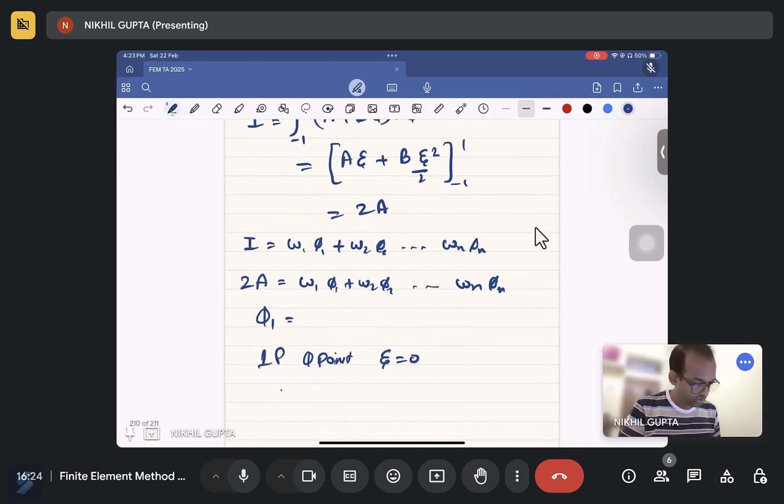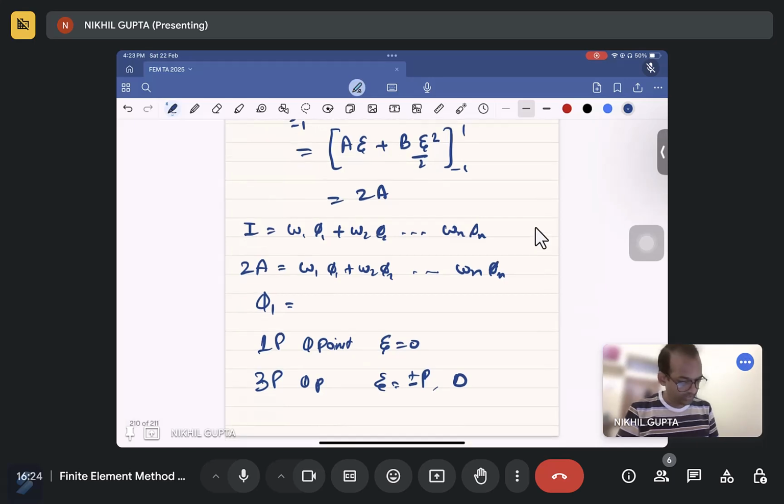When you are using a 3 point quadrature, your xi is minus some quantity, plus minus p, and 0. You have to take one left of 0, one right of it, and the 0 point.